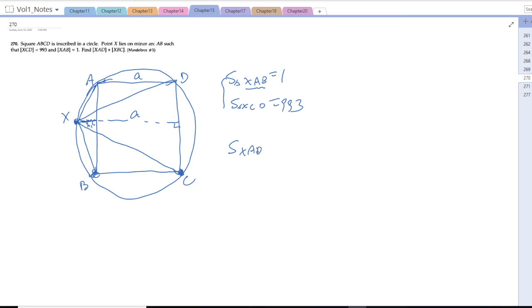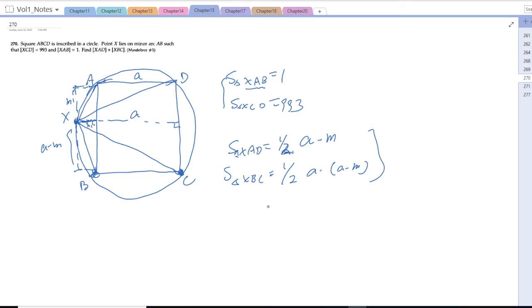So XAD is equal to half of the A times, let's say this is the M, then this is the A minus M, right? So M, then the triangle XBC is equal to half of the A times the A minus M. Then these two together are equal to half of the A times A, which is half of the A square.